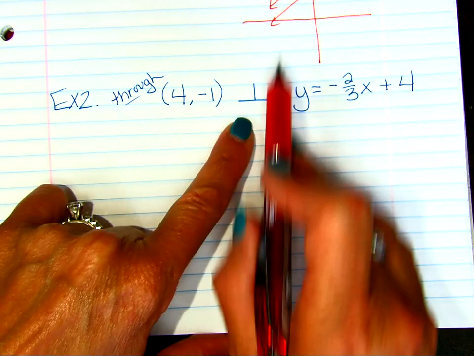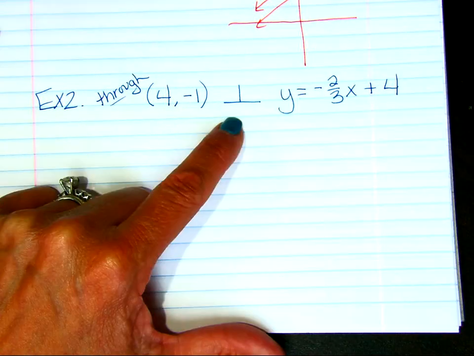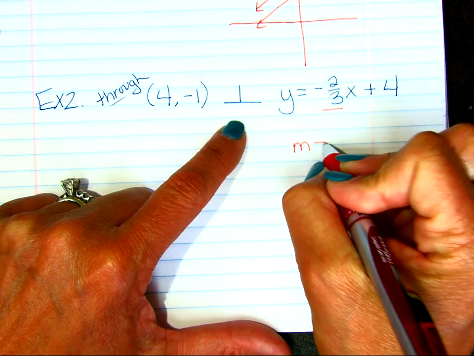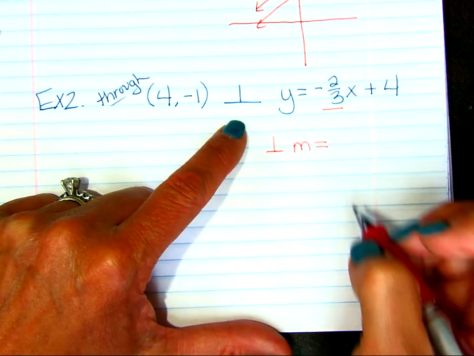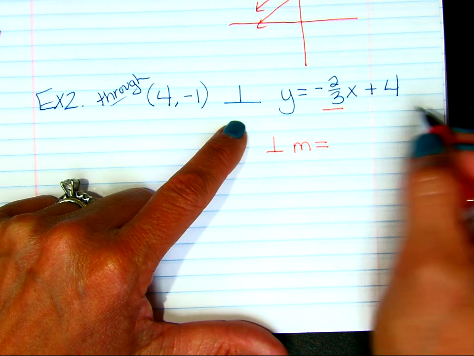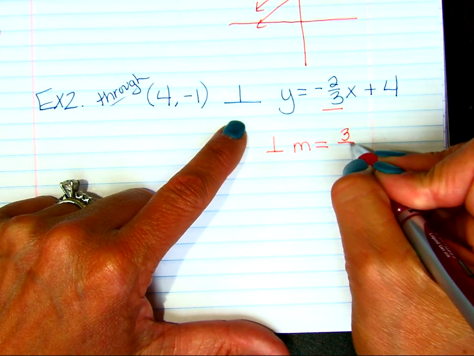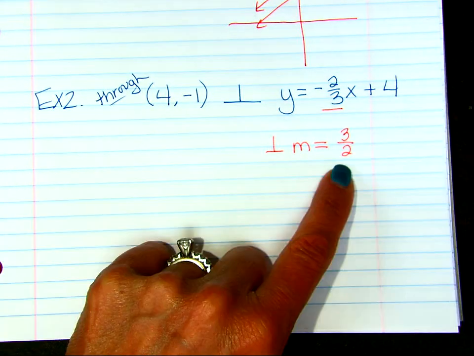So this time we're going to write the equation of a line that's perpendicular to y equals -2/3 x plus 4, and it goes through the point (4, -1).